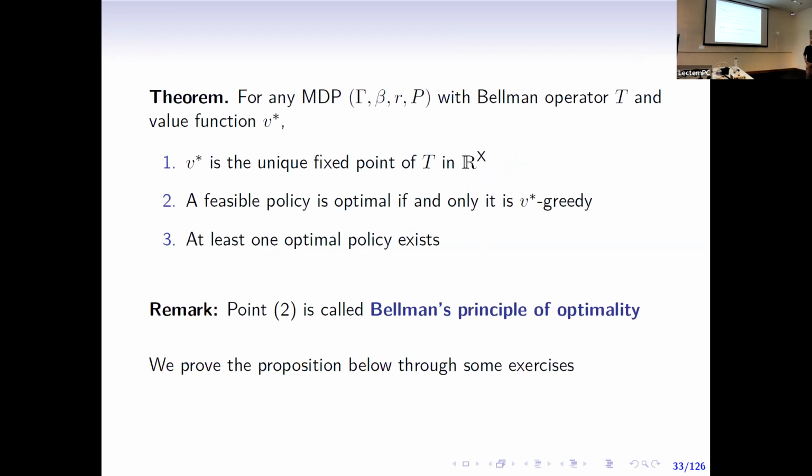Take our Markov decision process, our value function as defined, and the Bellman operator. In this setting, we know that V star, the value function, is the unique fixed point of T, and therefore it's the unique solution of Bellman's equation. And a feasible policy is optimal if and only if it's V star greedy.